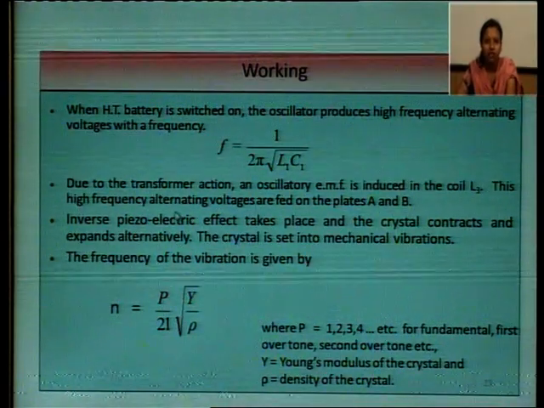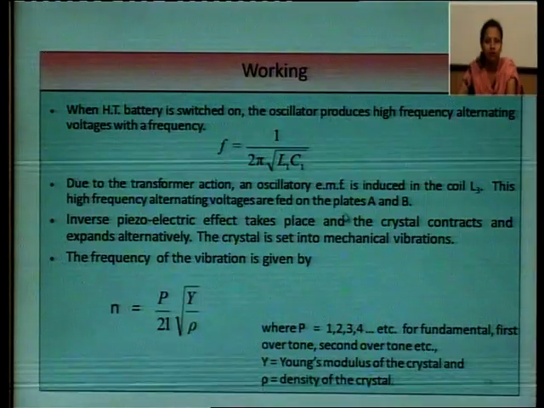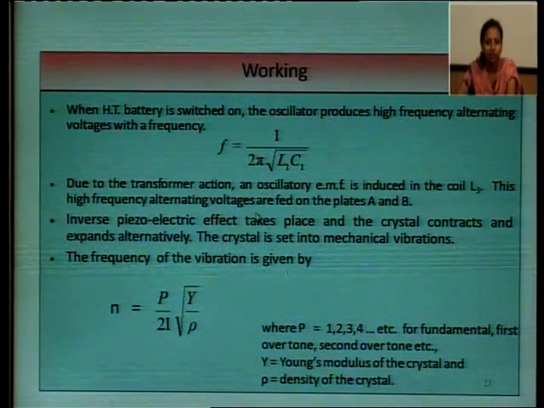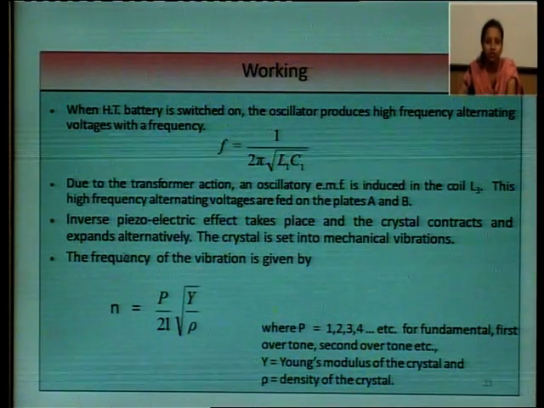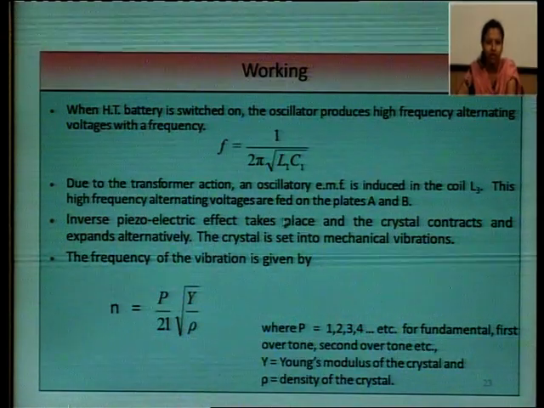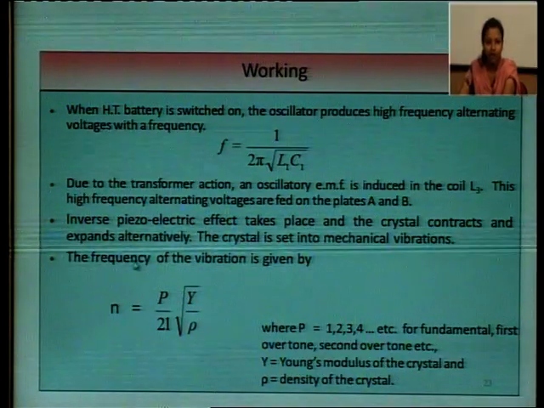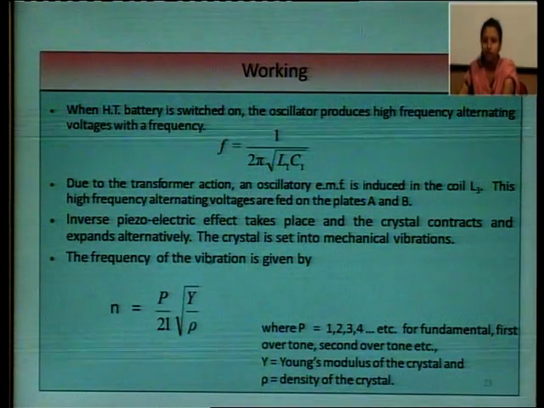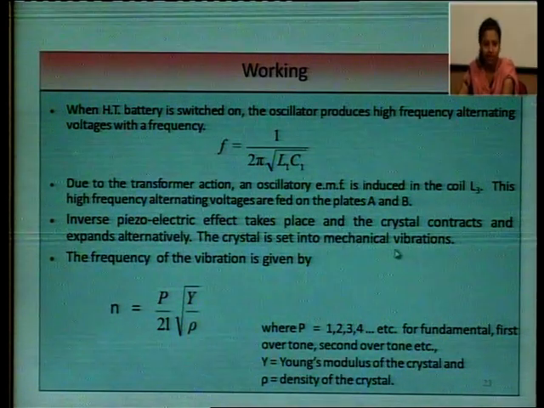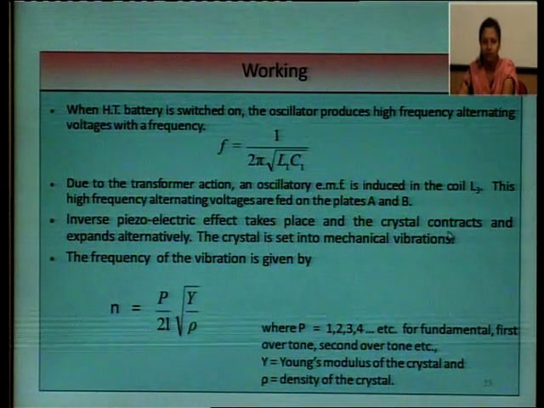This high frequency alternating voltage is fed to the plates A and B. The inverse piezoelectric effect takes place, so the crystal contracts and expands alternately. This produces mechanical waves which are called ultrasonic waves.